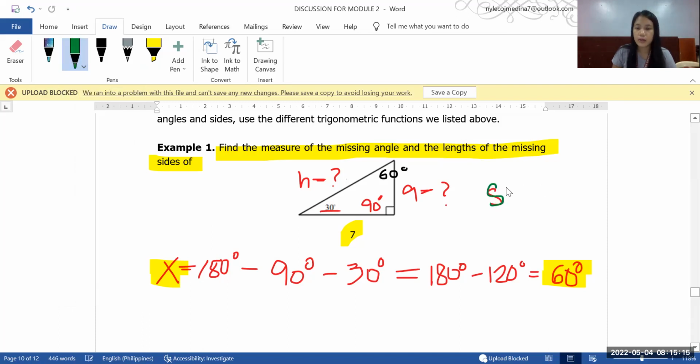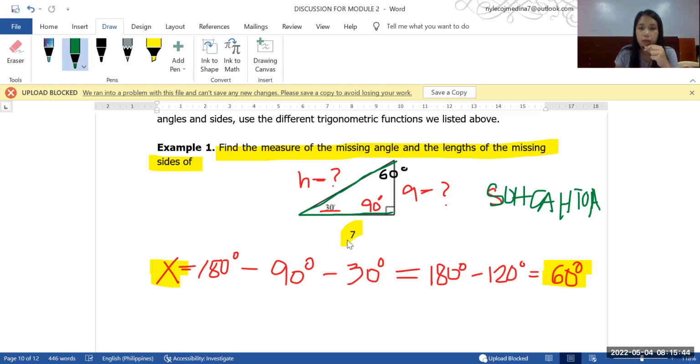May I use the green one? Okay, so this is your SOHCAHTOA. Now, this is your hypotenuse, the unknown side, and this is your 7. Imagine that the angle we use is 30 degrees.